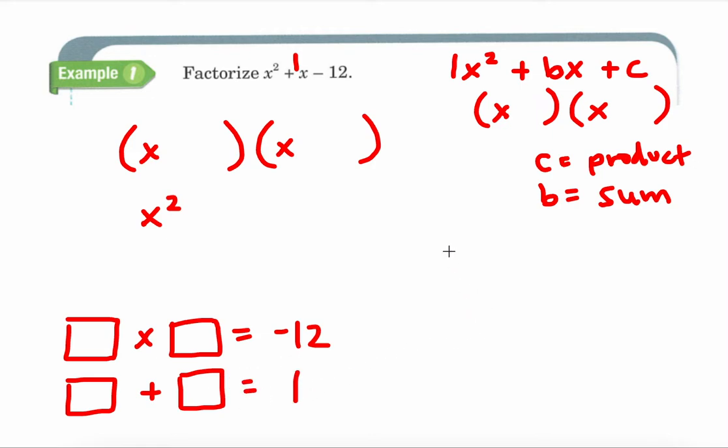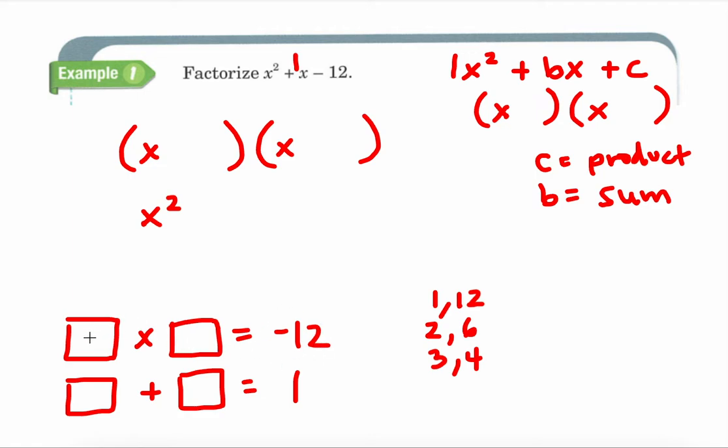So let's see, I can start by listing all my factors of 12. I have 1 and 12, 2 and 6, 3 and 4, and I think that's it. So any of these will obviously multiply together to get to 12, but I'm also looking for the pair that will add to get to 1. Now keep in mind there's a negative here for your 12.